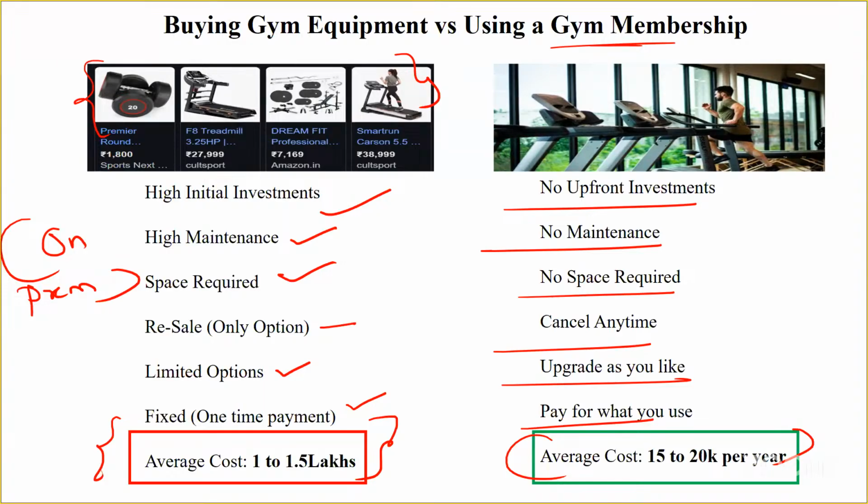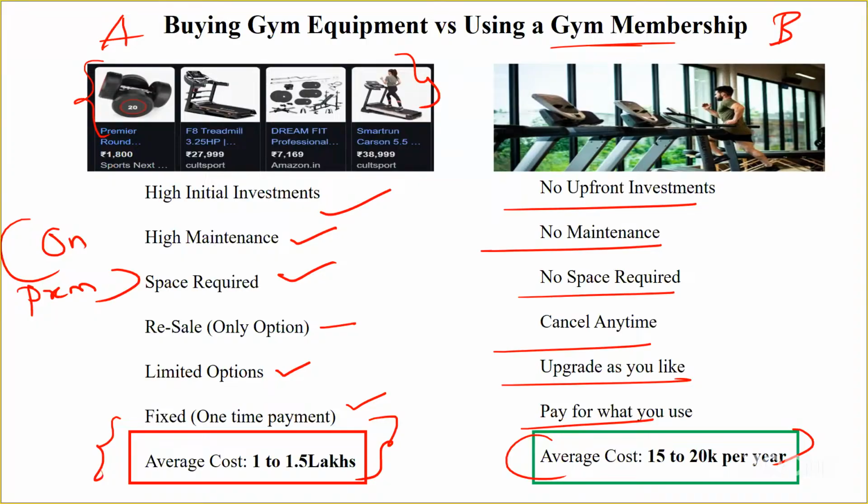Now, you may be wondering which option is good. You tell me, A or B? Which is good? B. Risk is less in B. Why?